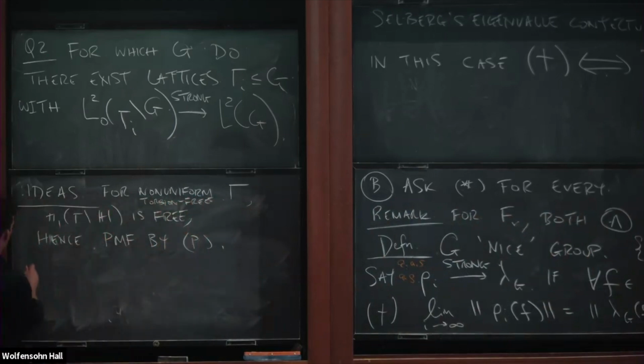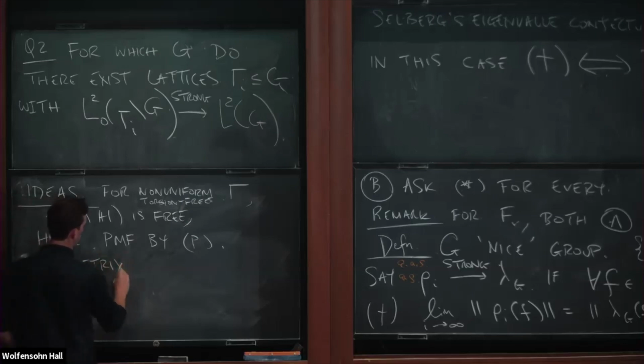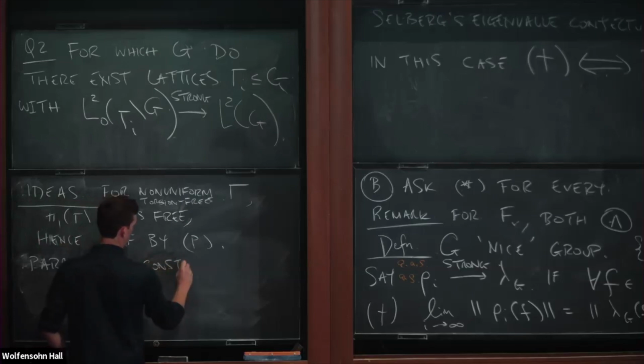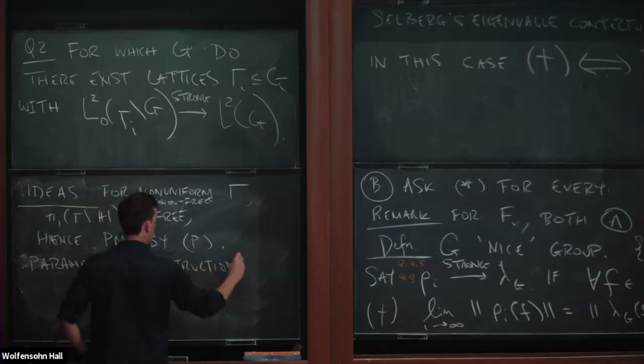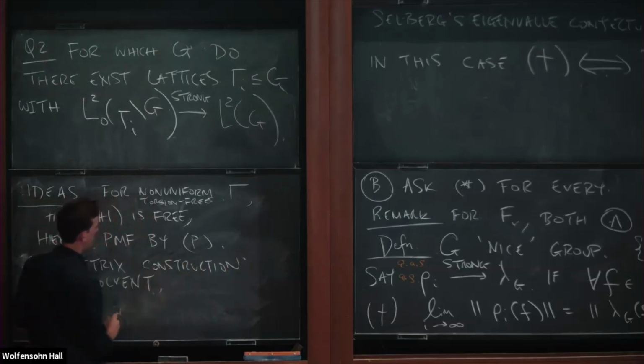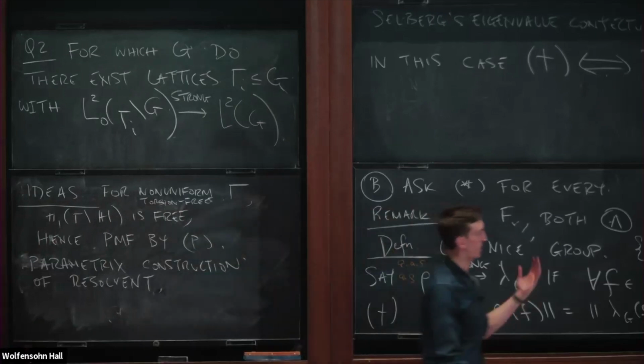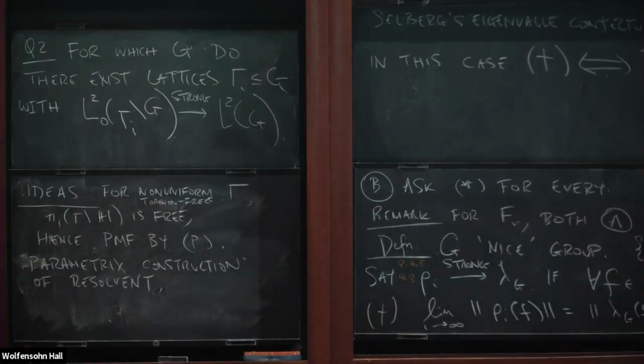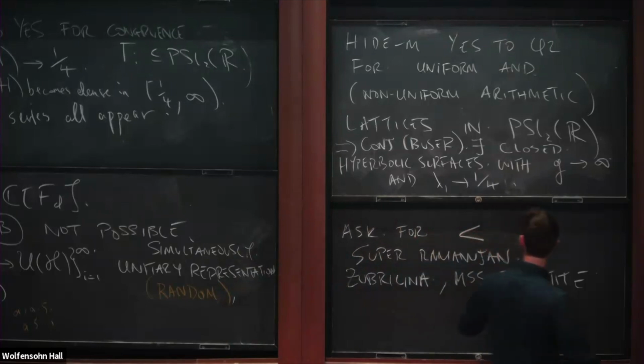Then we use resolvent methods. We use a parametrix construction of the resolvents using some random operators. I'm just saying the names of the ideas that appear in the proof.